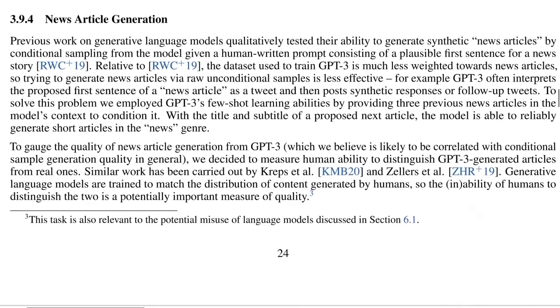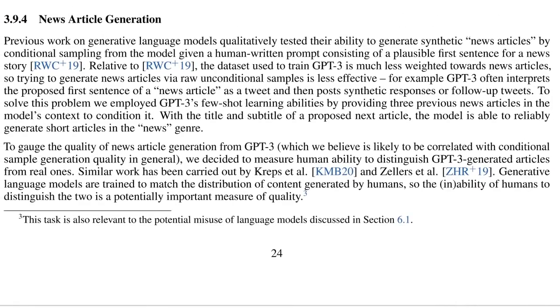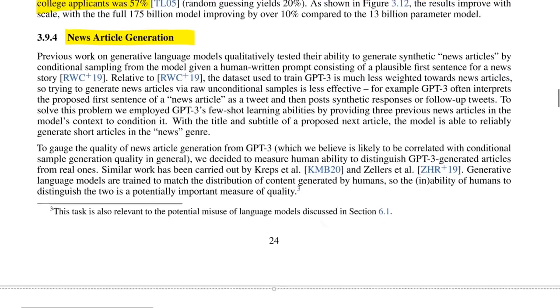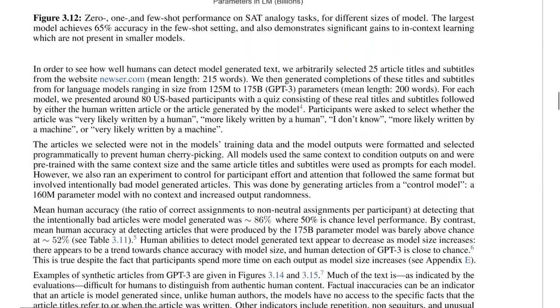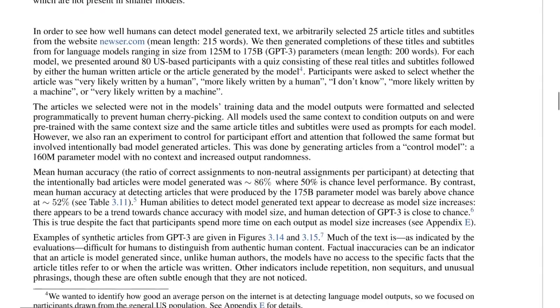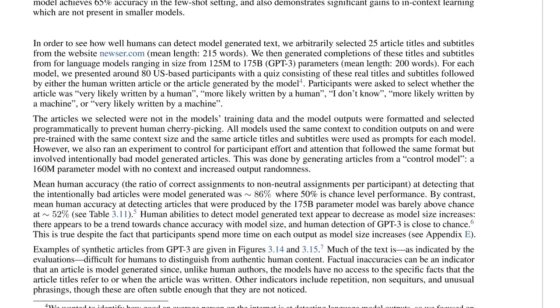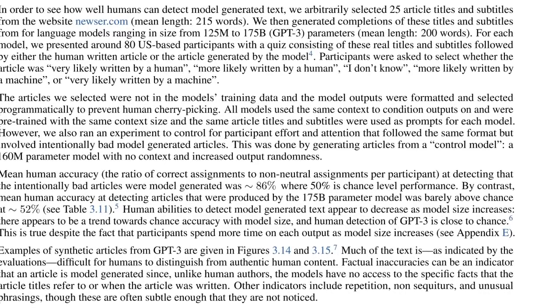And the last thing, and this is what everyone's freaking out over, is news article generation, where they give it the beginning of a news article, and then they let humans decide whether the news article is written by a machine or by a human.